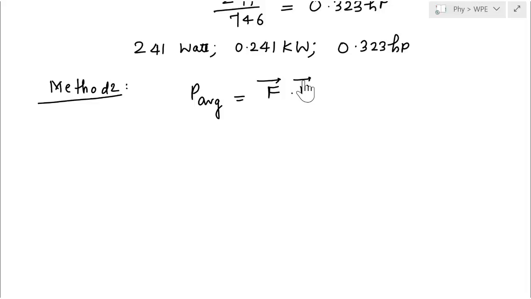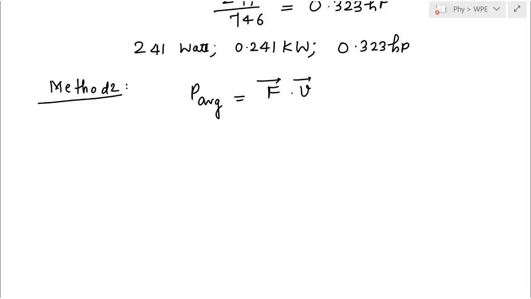Now in this case we have to take the average velocity, because we are assuming this velocity is constant, and we have to take the average velocity. We know the average velocity in this problem, or in other words we can calculate it using height divided by time.